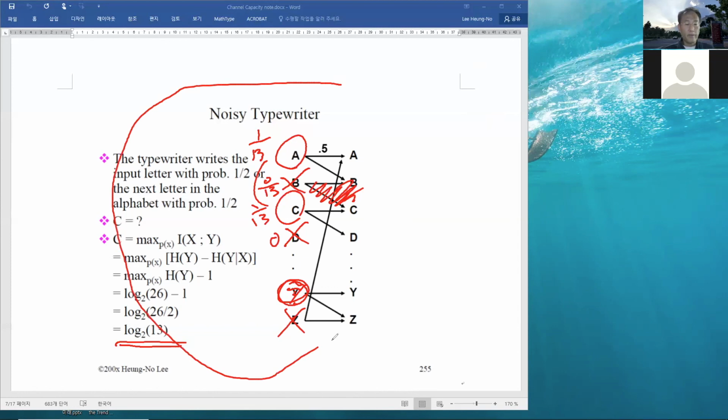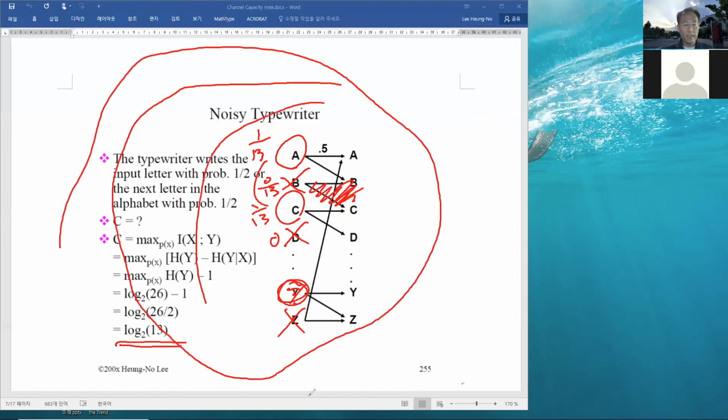This problem is very important. This picture is very important because that will tell you the big picture view of the channel capacity theorem. As we increase the number of symbols, this picture will appear again with the law of large numbers.